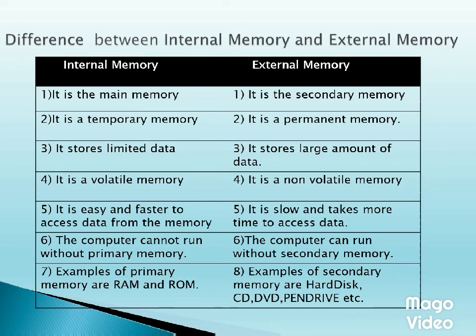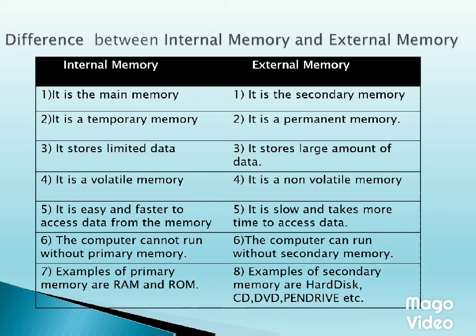In external memory, we can store a large amount of data. Internal memory is also called volatile memory. External memory is called non-volatile memory. Internal memory is easy and faster to access data from, whereas external memory is slow and takes more time to access the data.